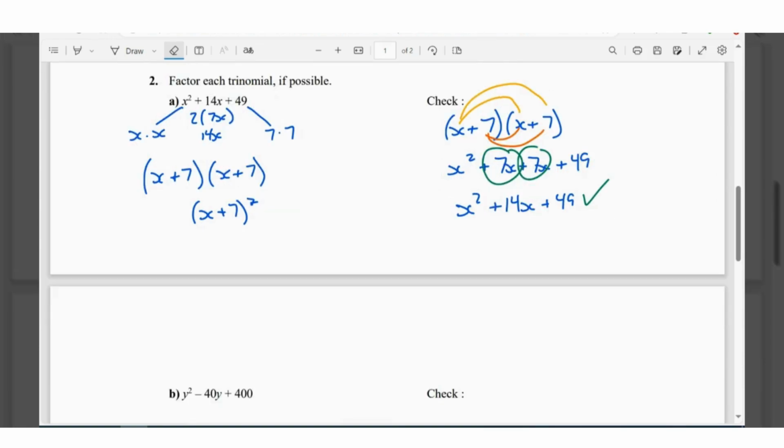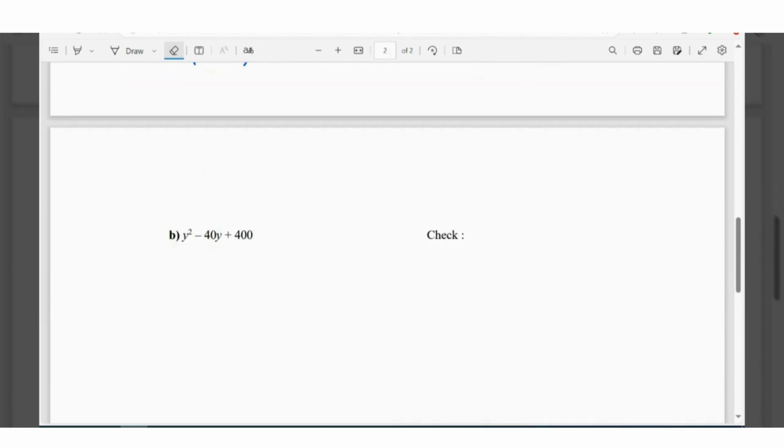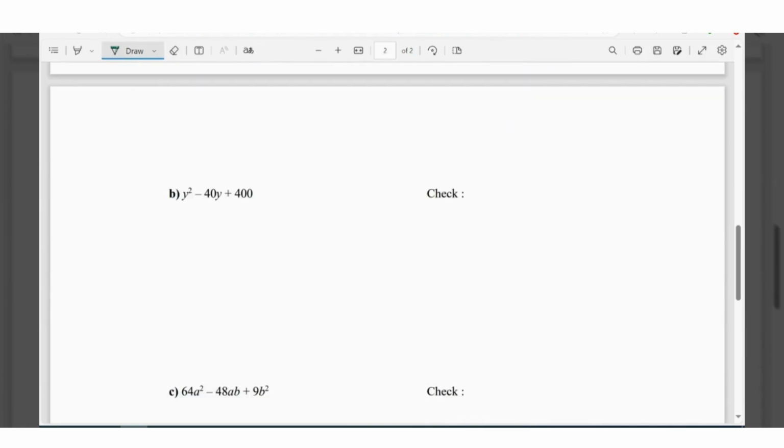Okay, let's do another one. Looks like we have a perfect square. We got a y times a y. We have another perfect square. We got 20 times 20. And I notice this is a negative. So is this 2 times, and I'm going to add now, this should be a negative 20.